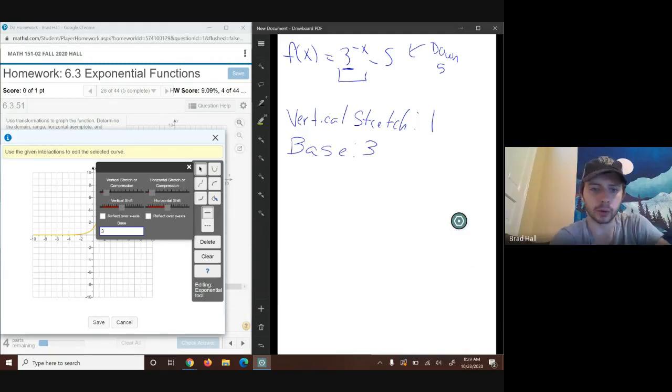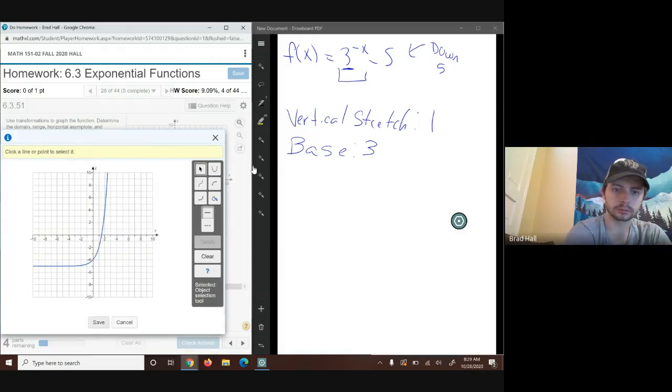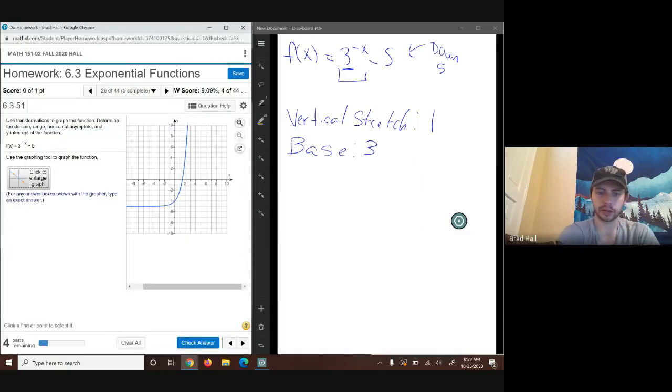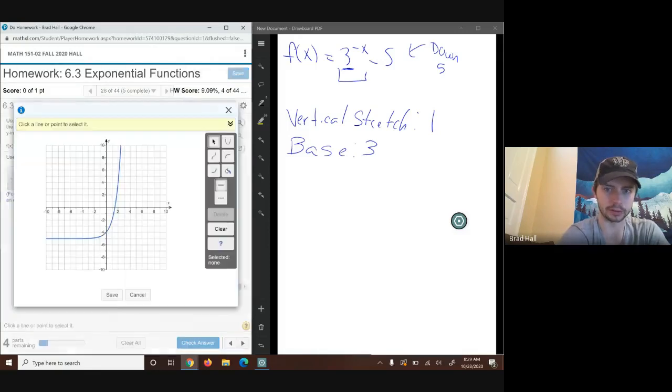So we need to go to our graph here. And it's really easy to determine because as you move the slider, you can see the graph over here move up and down in relation. So we just want to make sure we choose a graph that goes down 5. And there's one more thing before I jump the gun here.